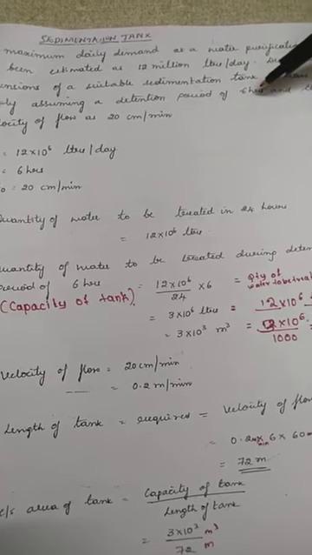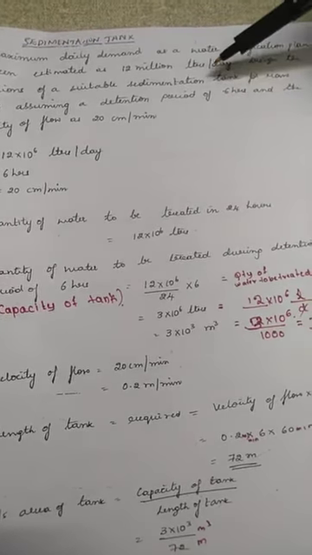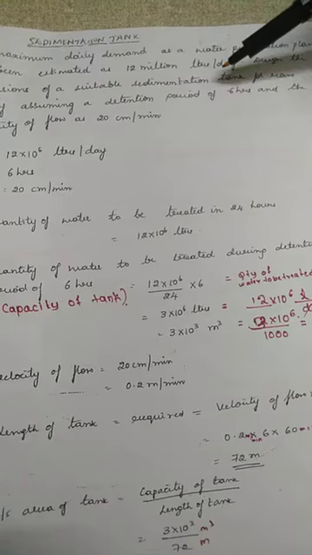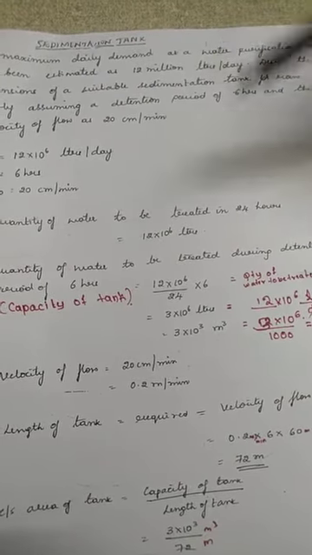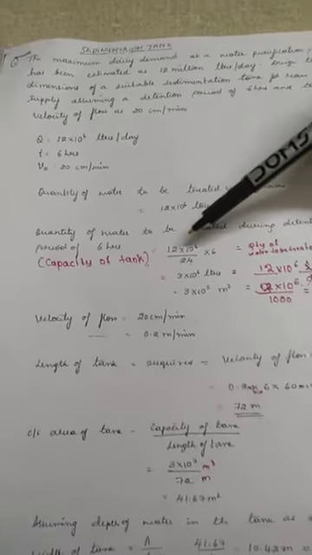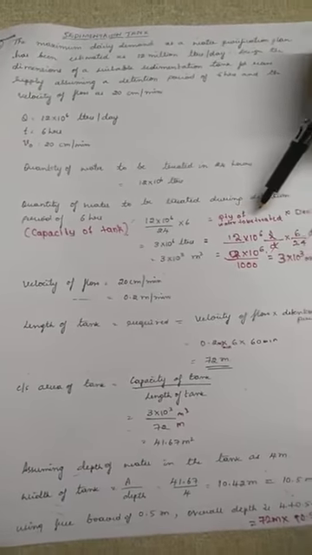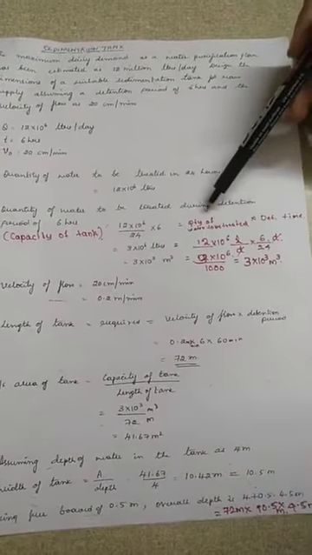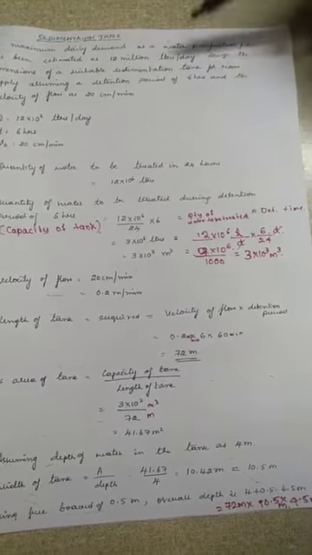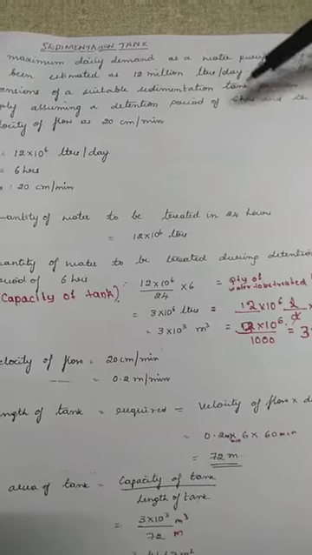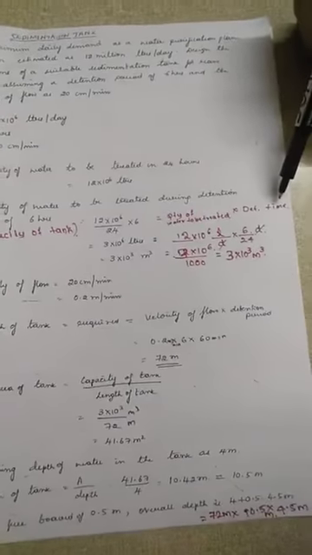Within 6 hours, how much amount of water can be treated? We call it the capacity of the tank. In order to determine the capacity of the tank, we are going to use a particular formula, that is the quantity of water to be treated, that is 12 million liter per day, multiplied by detention time.